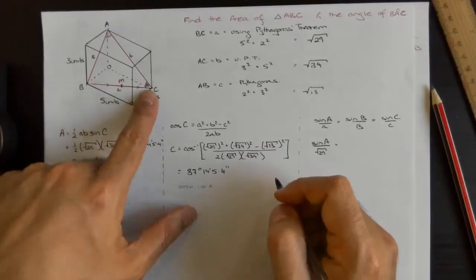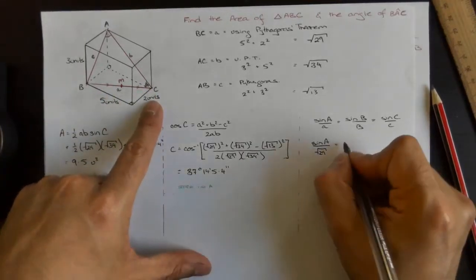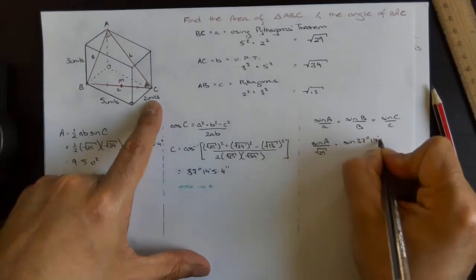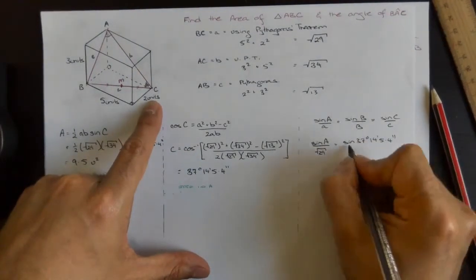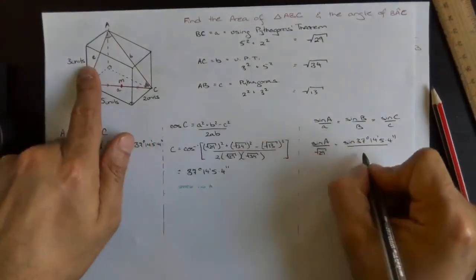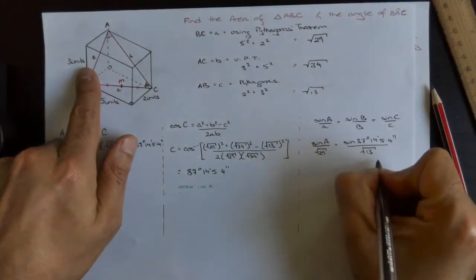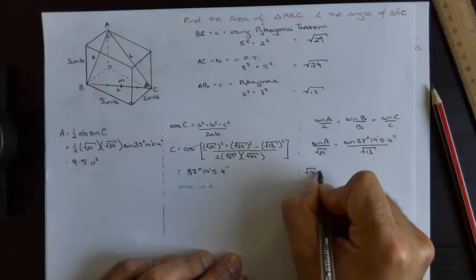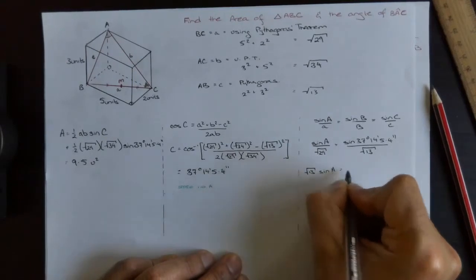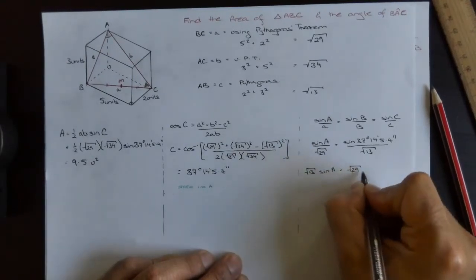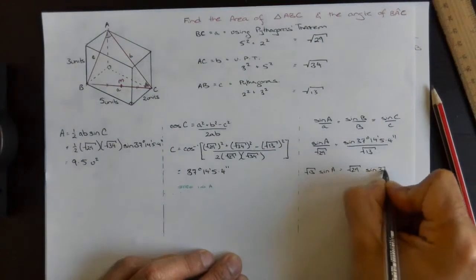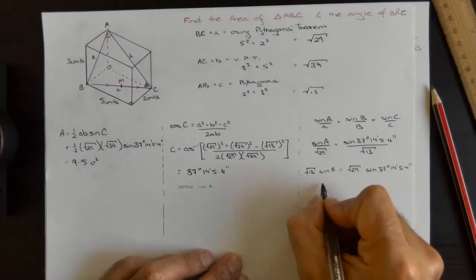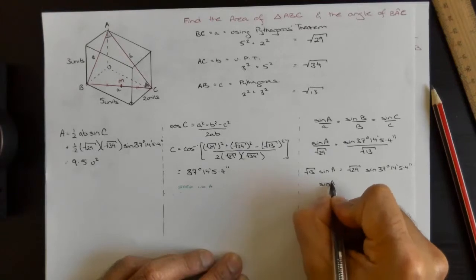We know sine C was 37 degrees, 14 minutes and 5.4 seconds, over c, and that was square root 13. Cross multiply: square root 13 sine A is square root 29 times sine 37 degrees, 14 minutes and 5.4 seconds. Divide by square root 13.